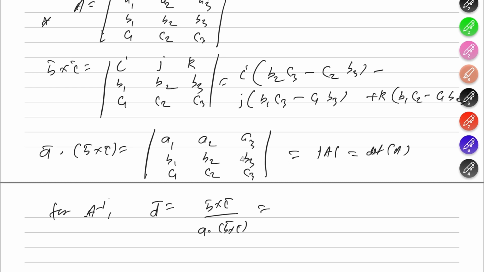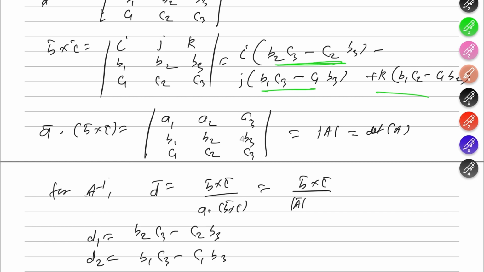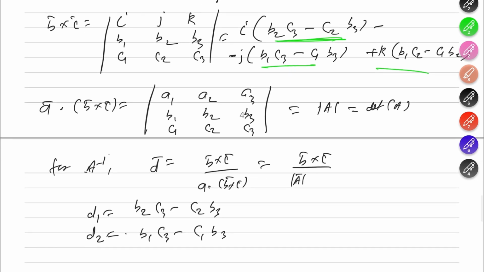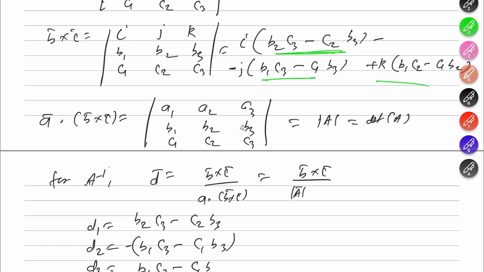This is the determinant of A. So this is B cross C upon determinant of A. I am talking about just D. It means, if you look at this, clearly D1 is B2 C3 minus C2 B3. D2 is B1 C3 minus C1 B3. In fact, this is minus here. And D3 is B1 C2 minus C1 B2.